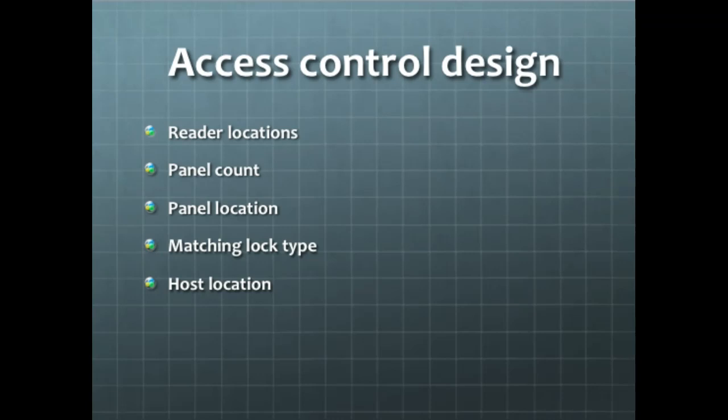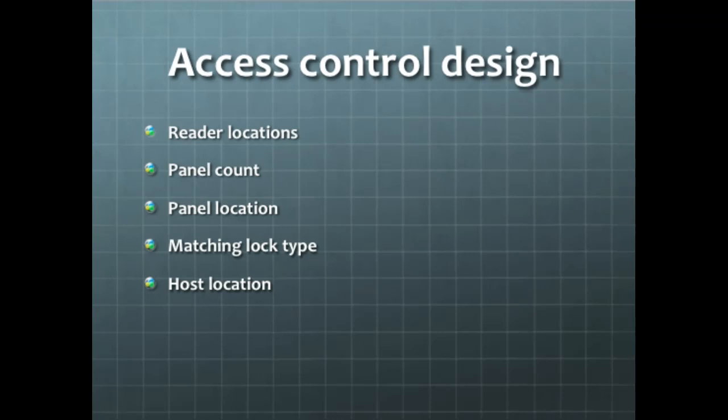We have to think about panel counts. Every reader has to go back to a panel. And in our scenario, the design we're doing, we're using a very small 2-reader panel. So for every 2 readers, they wire back to one panel. And the panel is where the decision is made to let you in or not let you in, right? The panel location is hugely important because panels can get damaged. And when you damage a panel, your whole system goes down.